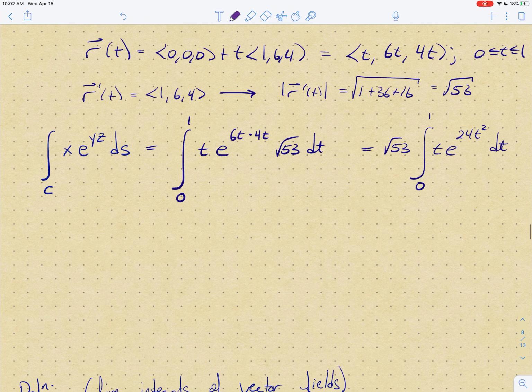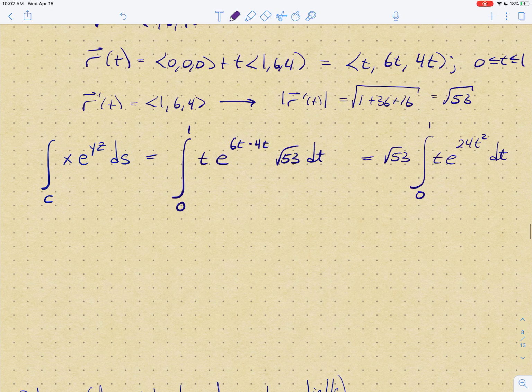At this point in your careers, I fully expect you to be able to handle this integral without even batting an eye. This is just a basic u-sub. Let's write down what u should be. So u is going to be 24t squared. du is going to be what? 48t dt.